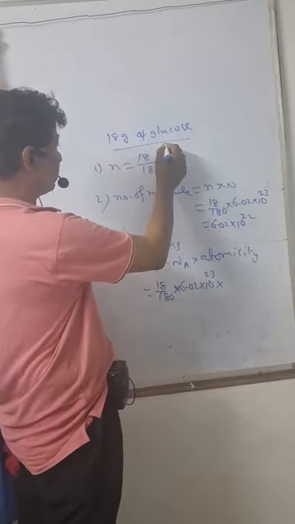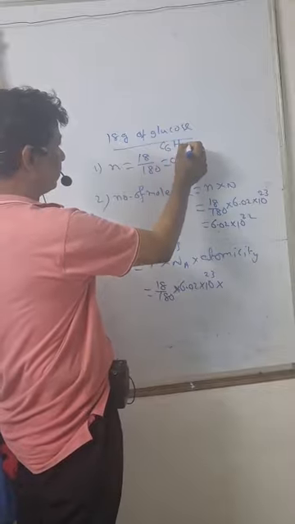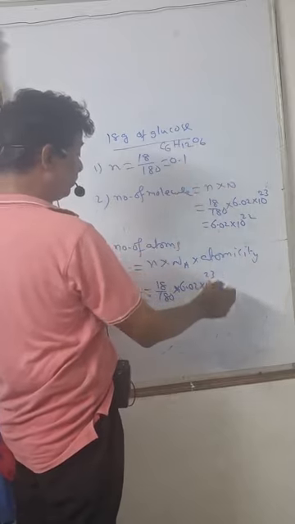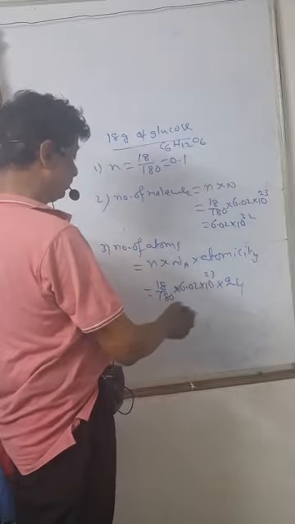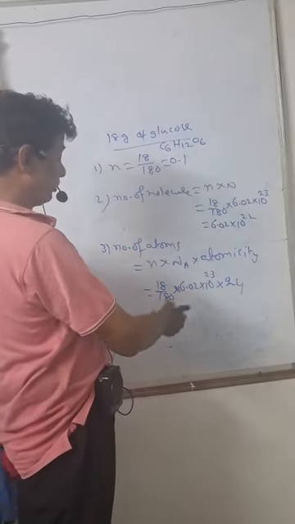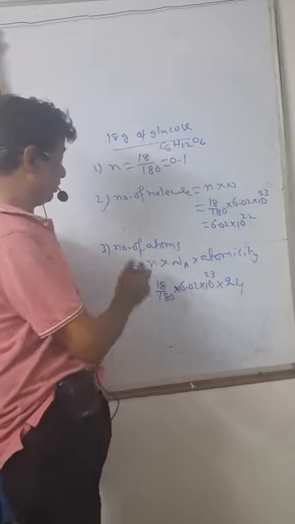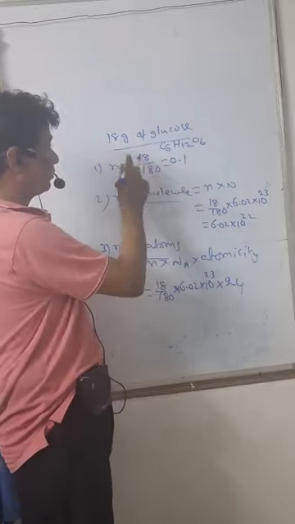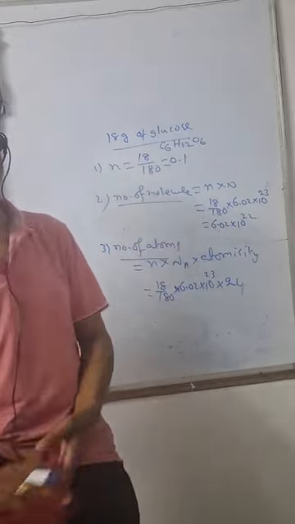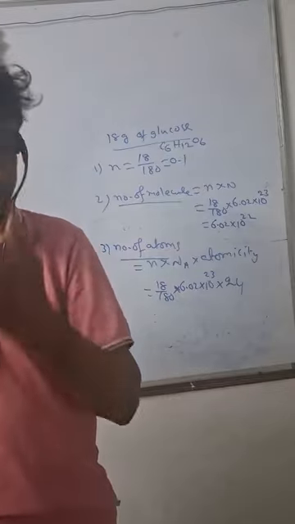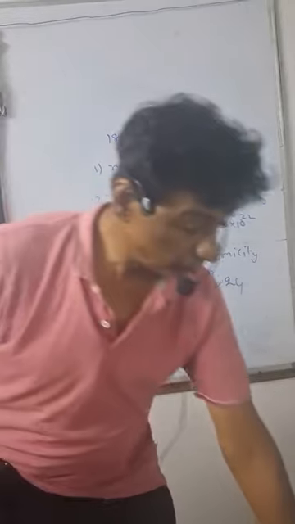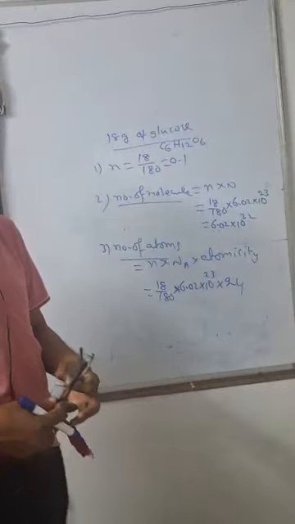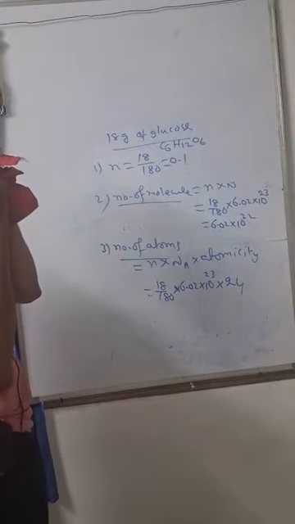Glucose, 6 plus 6 plus 12, 24. Okay, 24 into this, work out, you get answer. So number of molecules, number of atoms, number of moles. It is important area. Small n into capital N into atomicity.